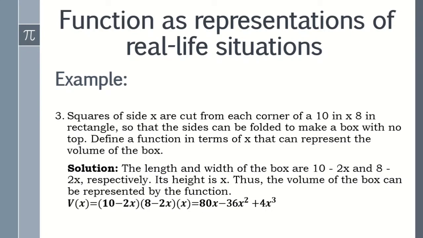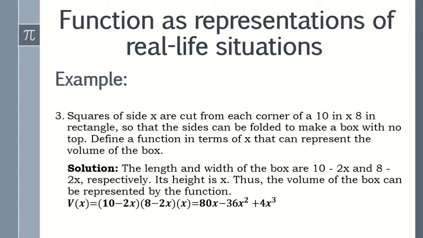Negative 2x squared times negative 2x equals 4x cubed. And then, combine like terms. So, ang like terms dito ay negative 20x squared and negative 16x squared. That is equal to negative 36x squared. Kaya nakuha natin yung sagot natin na 80x minus 36x squared plus 4x cubed.